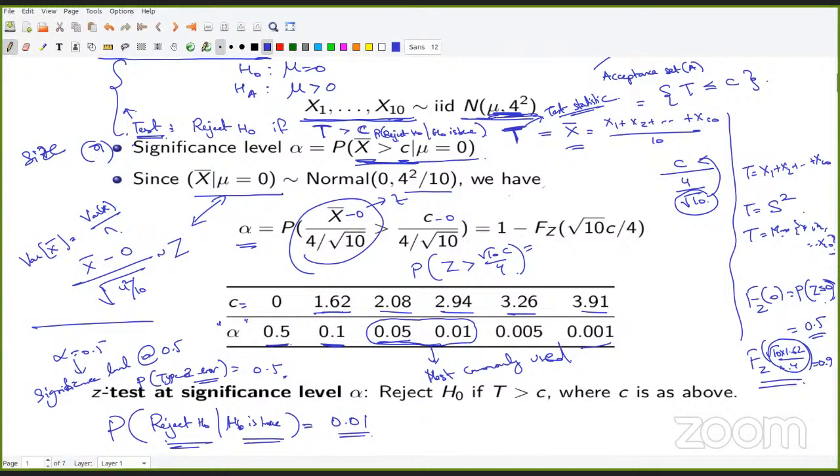So finally, this is what we conclude. This is called the Z test.